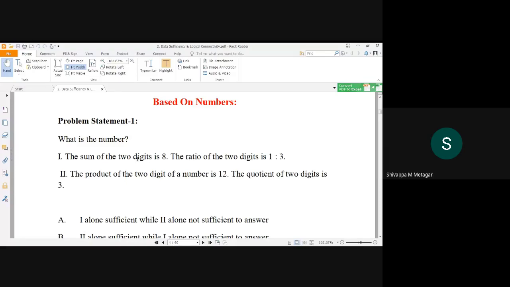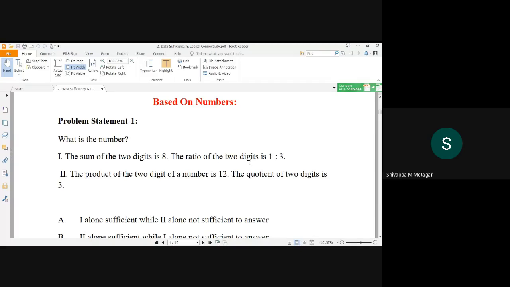What is your answer? After calculating, everyone should send me the correct answer in the chat box. Based on the first statement, we can easily find the number, meaning the x value and y value. It is a simple question: x plus y equals 8 and x by y equals 1 by 3.